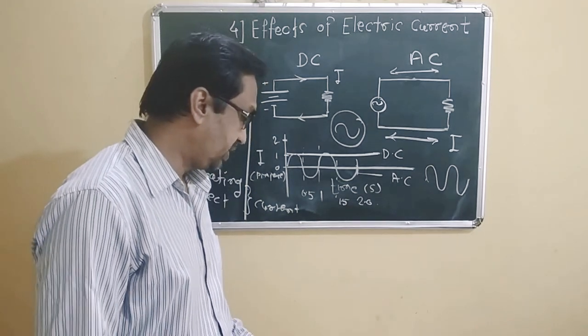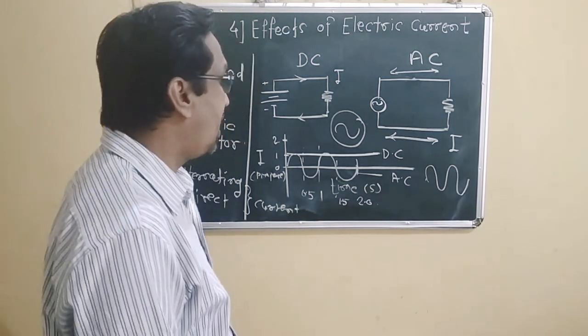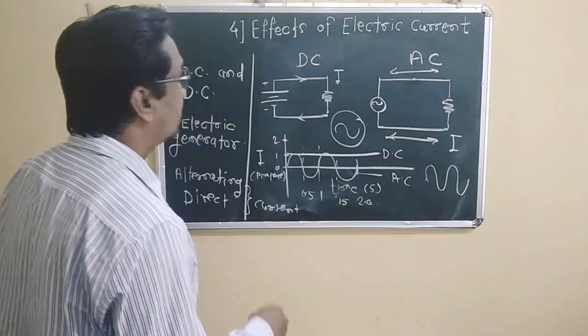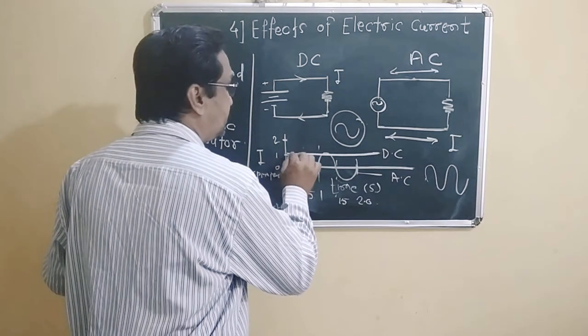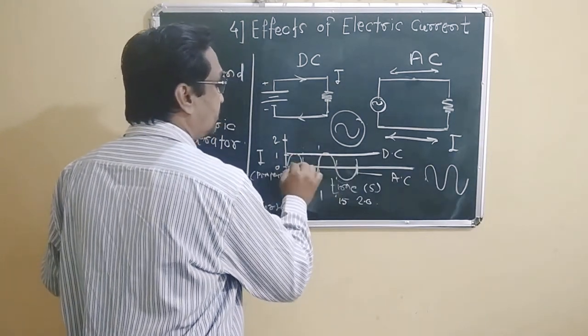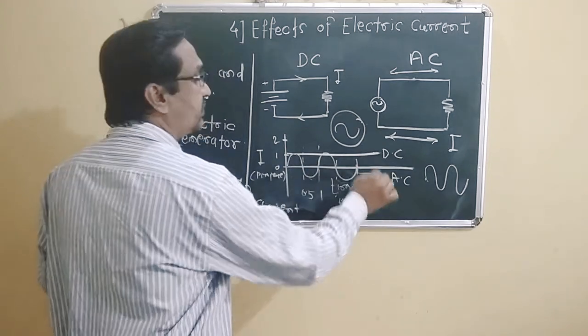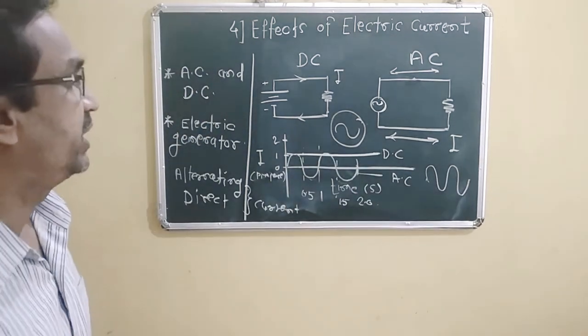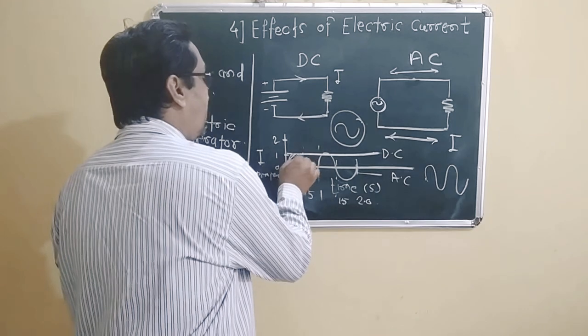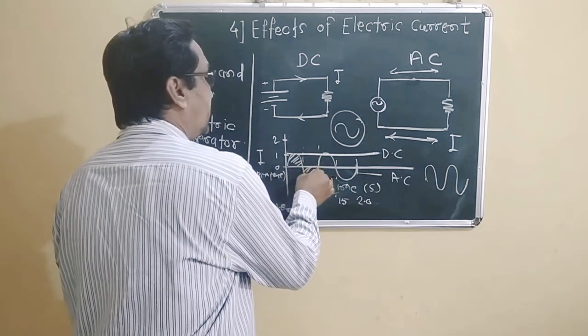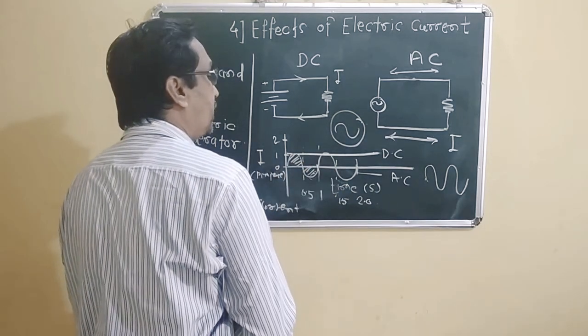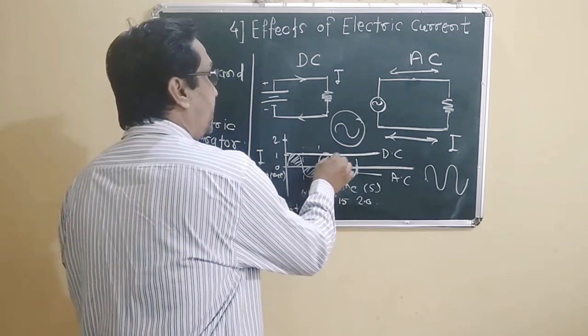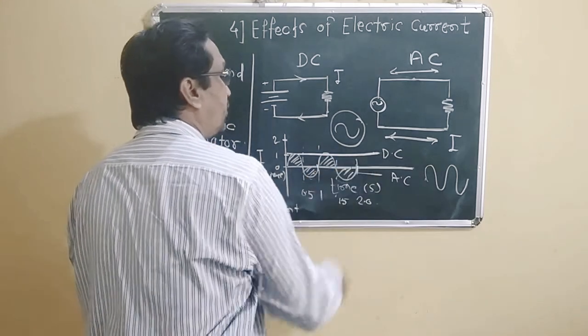Every half interval, it changes its direction. That is a positive half cycle, that is a negative half cycle. It completes one rotation here, and here is the second rotation.